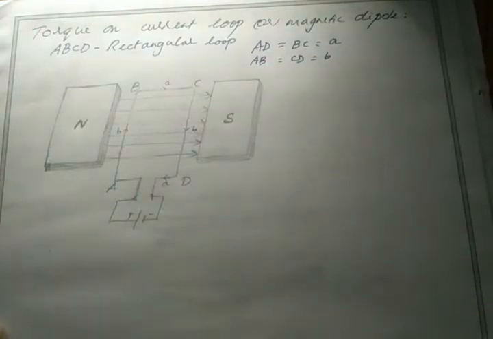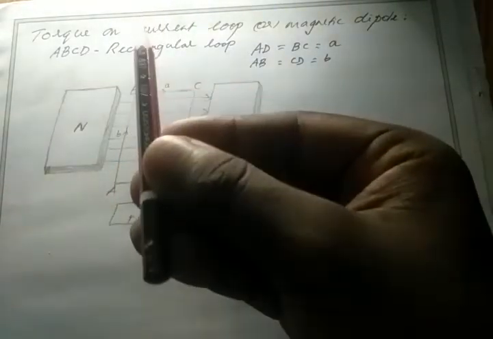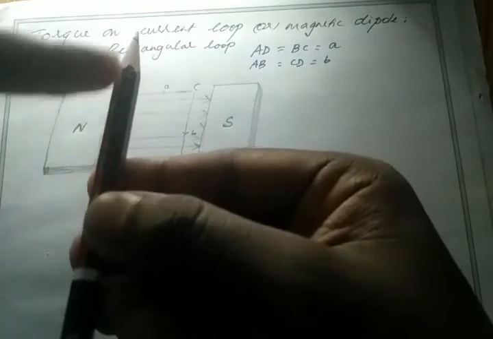Here the magnetic field is going in this direction. Our loop side AB is in this direction. So the side AB is perpendicular to the magnetic field. Can you imagine this? This is my AB in the rectangular loop, and AB is perpendicular to the magnetic field, which is going in this direction.